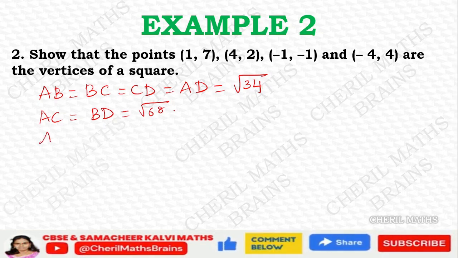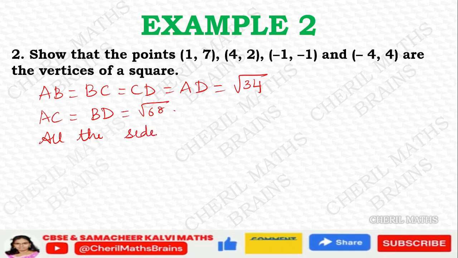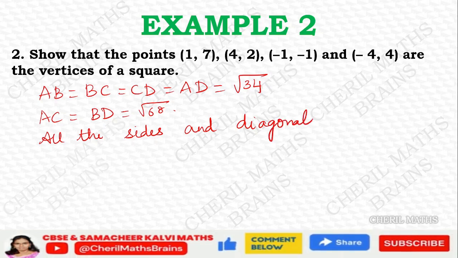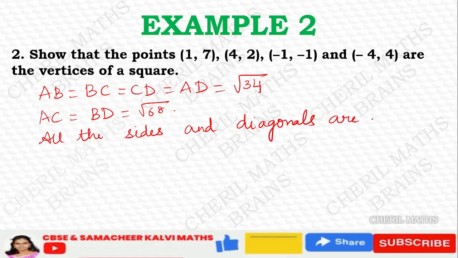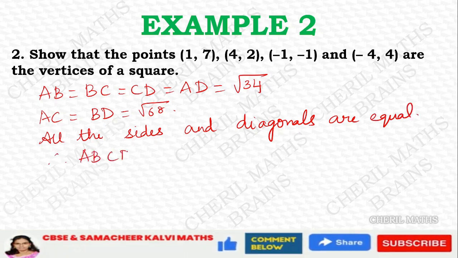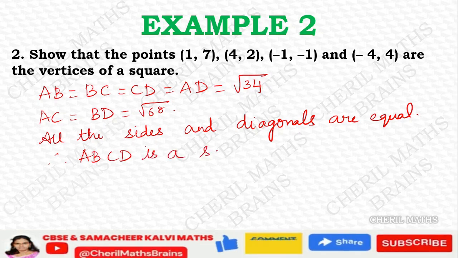So we can say that all the sides and diagonals are equal. Therefore, ABCD is a square.